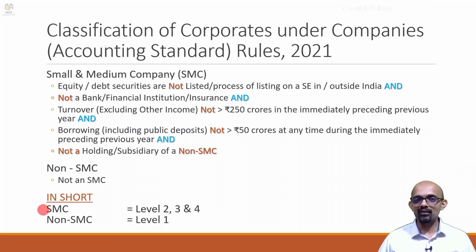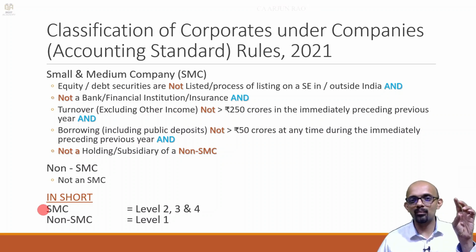So all we have to do is remember the level 1 criteria, and using that we can easily remember the criteria for level 2, 3, 4. For level 2 and 3, just remove the first two, listed and bank, and for turnover and borrowing criteria, go on dividing by 5. That will give you the criteria for level 2 and 3. Level 4 is neither 1 nor 2 nor 3.